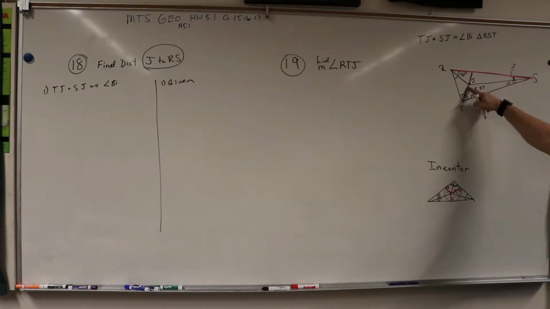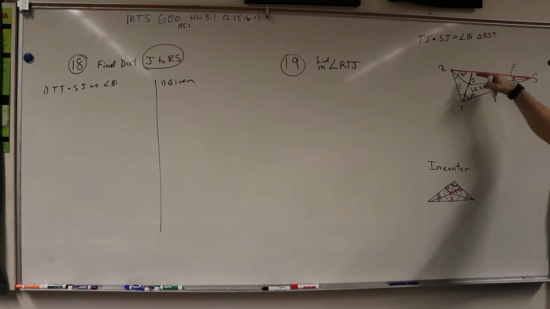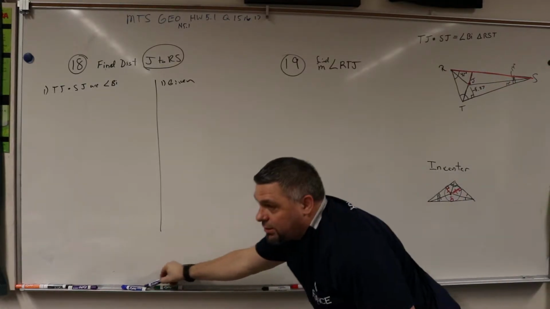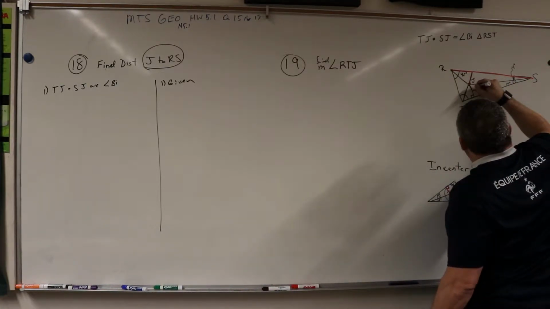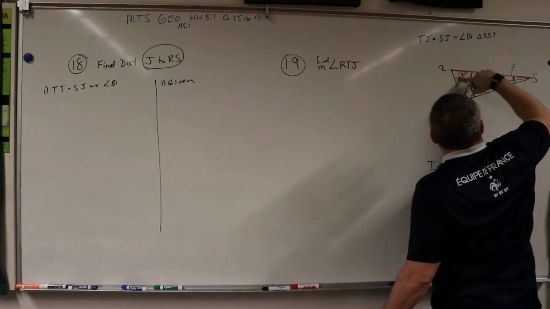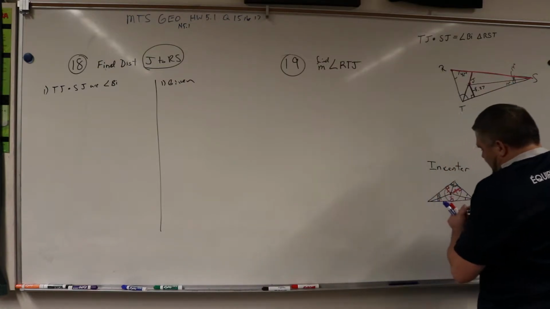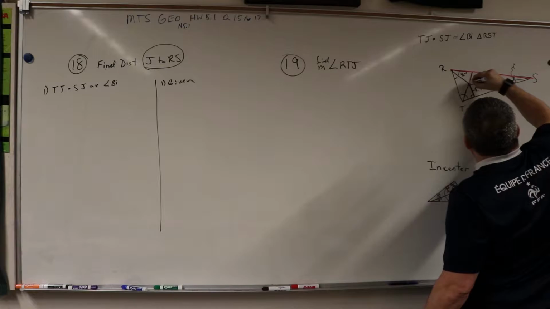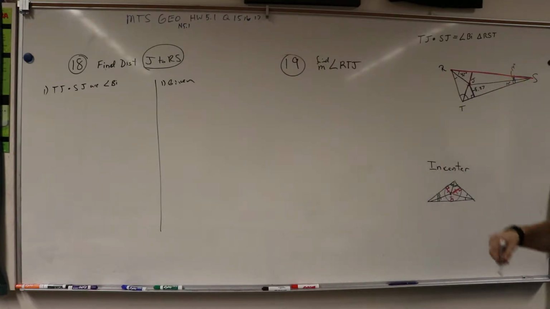If this is the in-center, then this distance is going to be the same as all the other distances. So we need to prove that it's an in-center. How can we prove that this is an in-center?